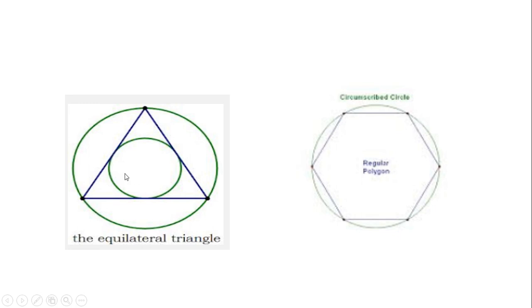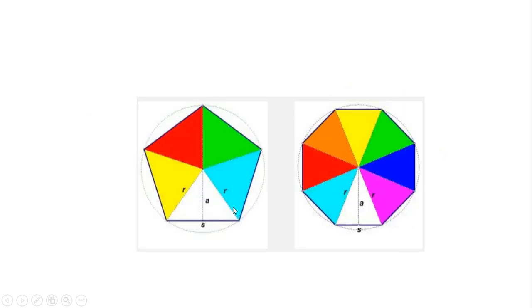There's also an inscribed circle, one that sits inside such that the circle just touches the sides of the triangle or the polygon in general. We'll be concerned with that a little later. Right now, we're concerned with the circumscribed circle. The pentagon has a circumscribed circle.